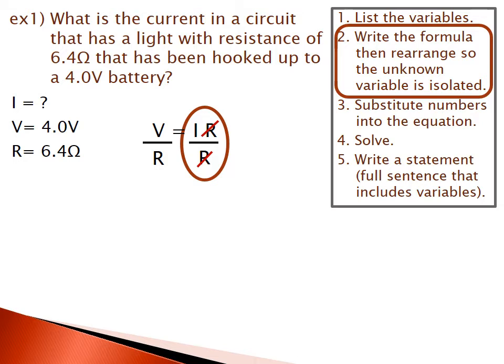So on this side of the equation, I have I all by itself. And on the opposite side of the equation, I is now equal to V over R. So I equals V over R.